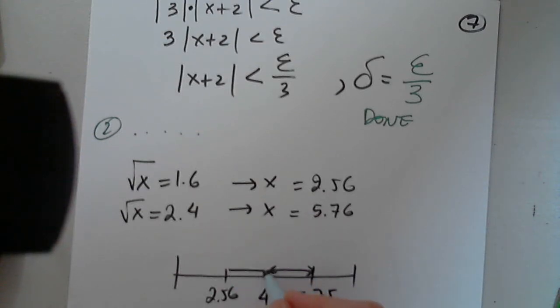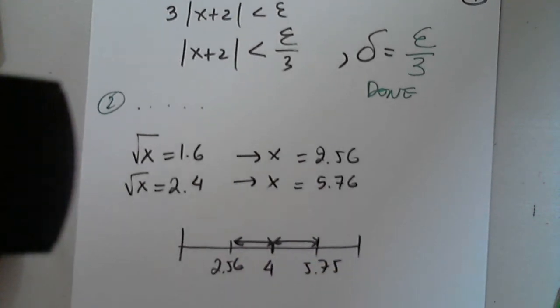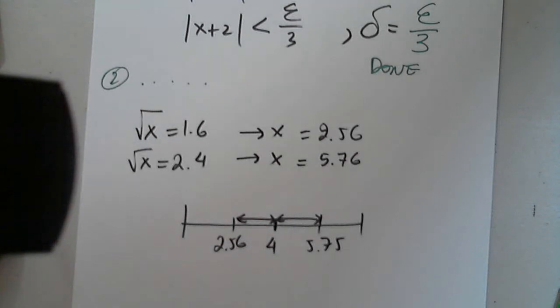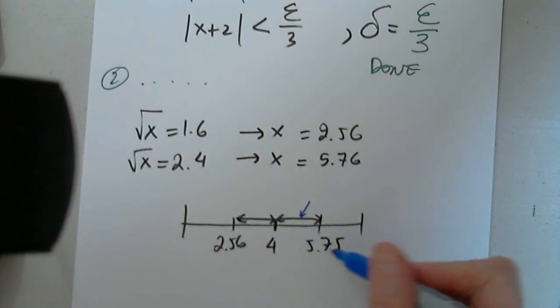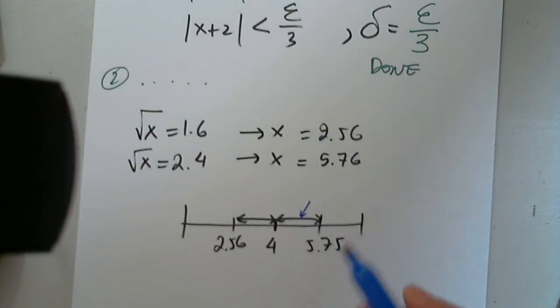Which will I consider as being delta? And how do I get that? Comparing both distances and picking the smaller one. Good. So 5.75 minus 4 is 1.75.